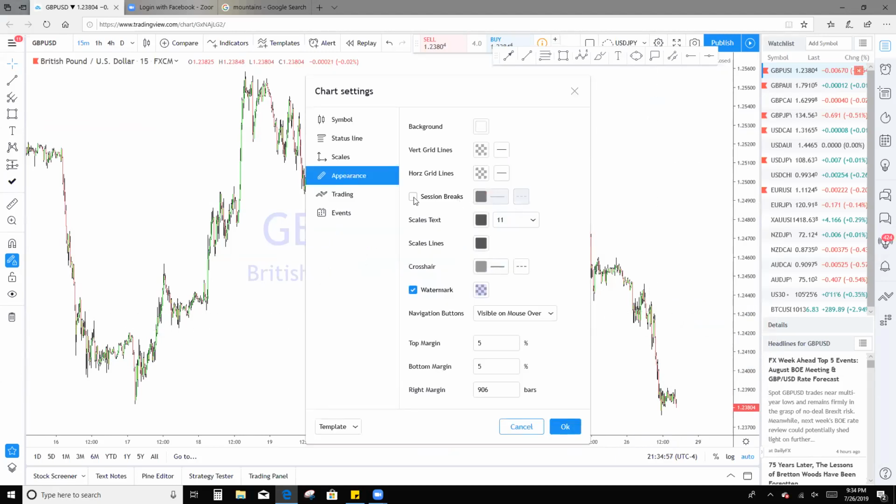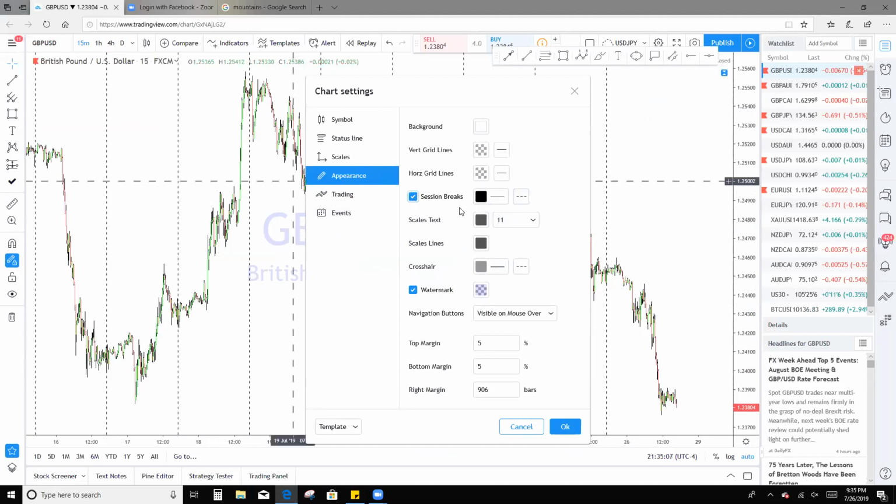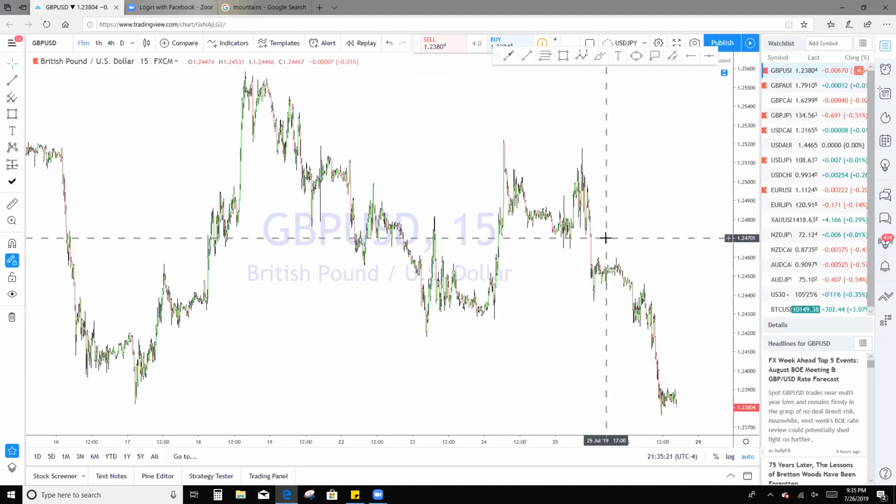Over here to the left, go to appearance if you're not on appearance, and then go to session breaks. That's going to put the lines on your chart. Then you just have to go in there and label Friday, Monday, whatever. You can change the color of the sessions and all that good stuff. Okay, good. Thank you.